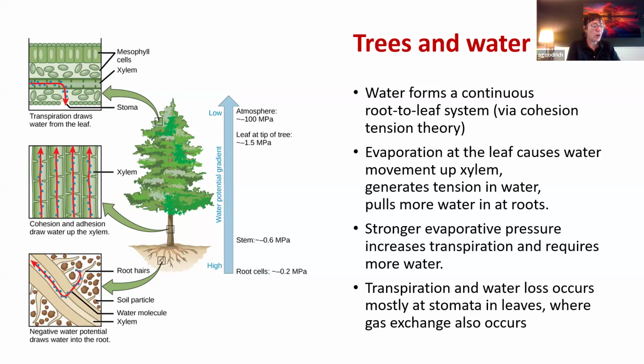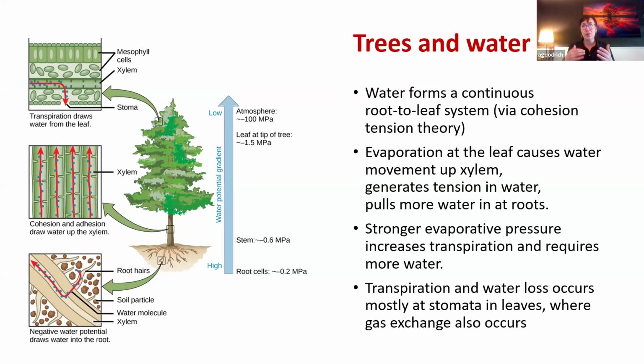So we have tree roots absorbing that water from the soil and moving it up through the xylem, which are these sort of conduits or tubes that you see here, in the central portion of our stems. And then water is lost from the leaves via transpiration. Water is forming that continuous root to leaf system because of its properties.